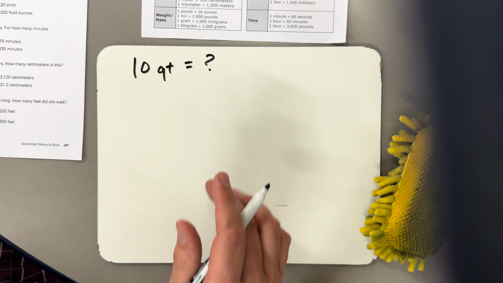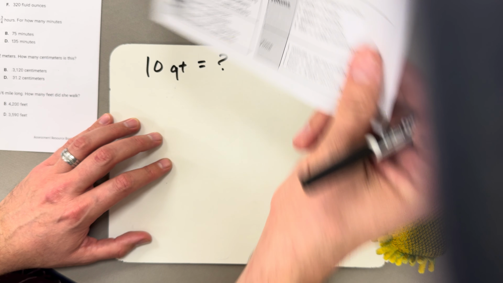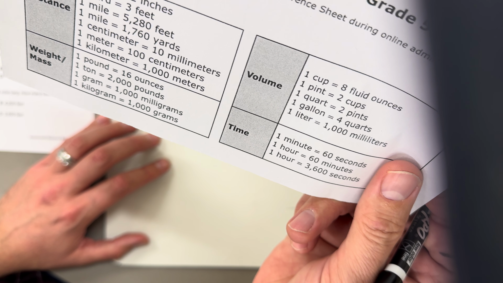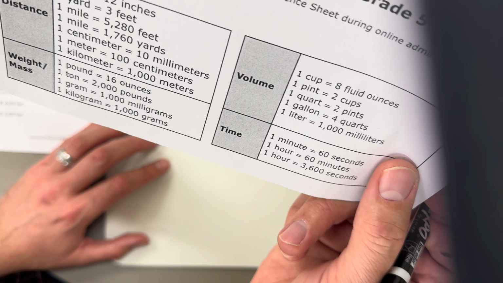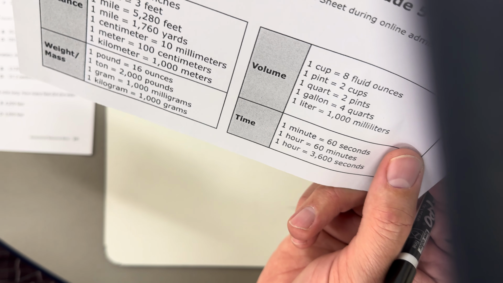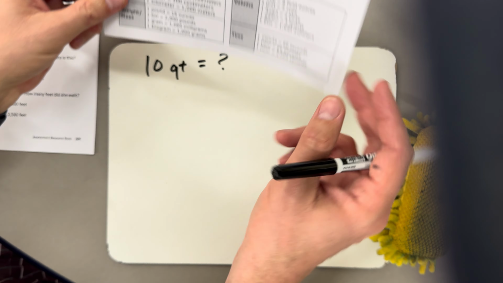I'm going to look up here and say quarts. And what I see is gallons are bigger than quarts. Liters, well, that's a whole different thing. So let's see, what's the easiest thing to do here?